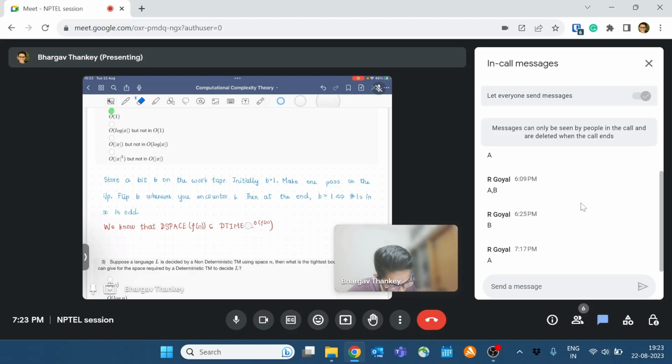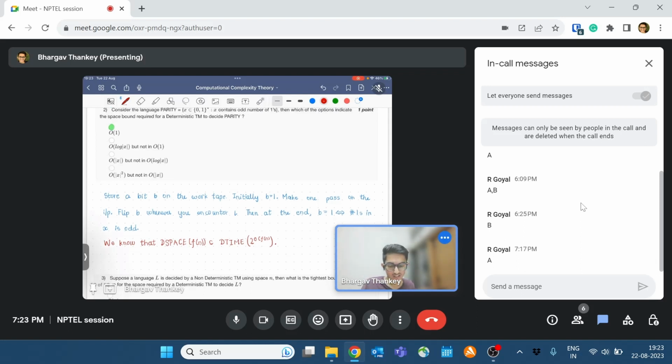And over here we saw that this language is contained in order 1, right? That means that there should also be a constant time Turing machine to decide this, right?